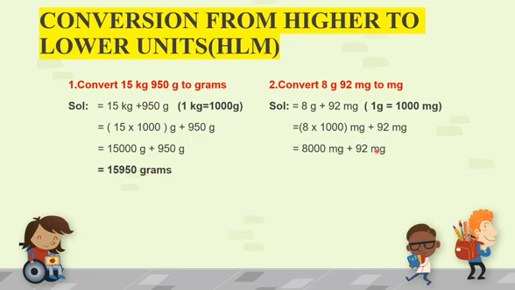Then 8 into 1000 equals 8000 milligram. Now gram is converted into milligram, and 92 is already in milligram. Now both the units are in milligram. With the sign of plus, add. Your answer will be 8092 milligrams. Is it clear? I hope so.